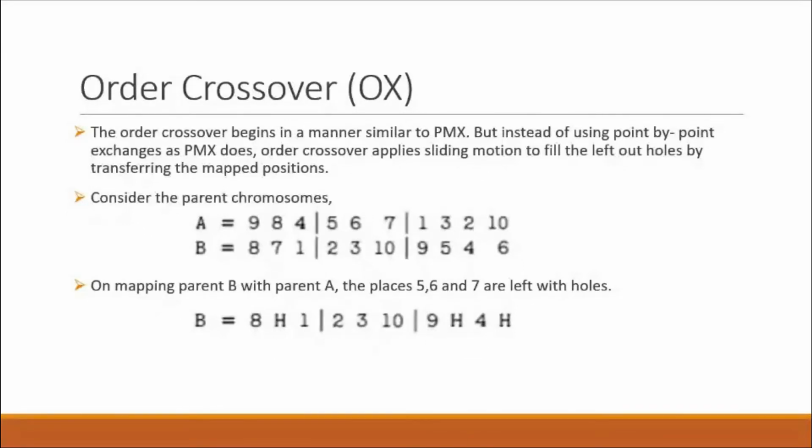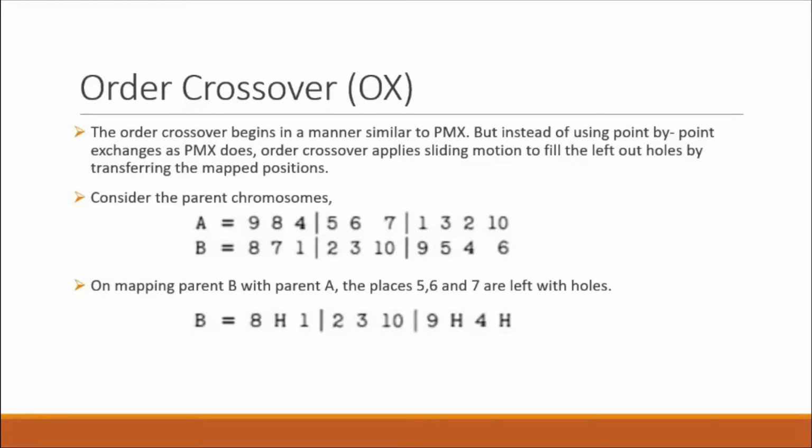The order crossover applies a sliding motion instead of point by point exchanges. In the partially matched crossover, point by point exchange was employed. But here we apply a sliding motion to fill the left out holes.